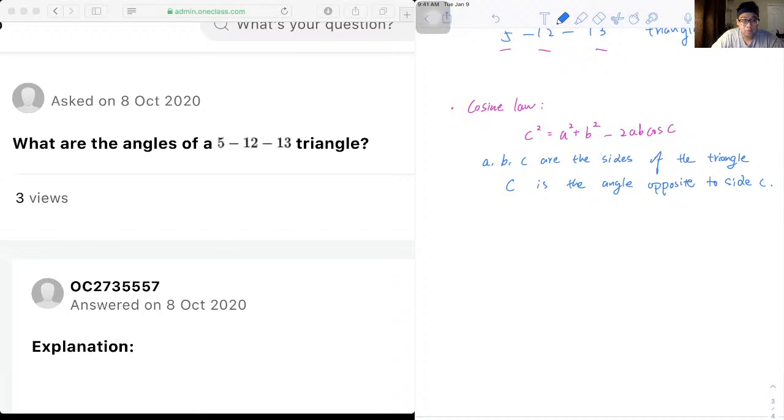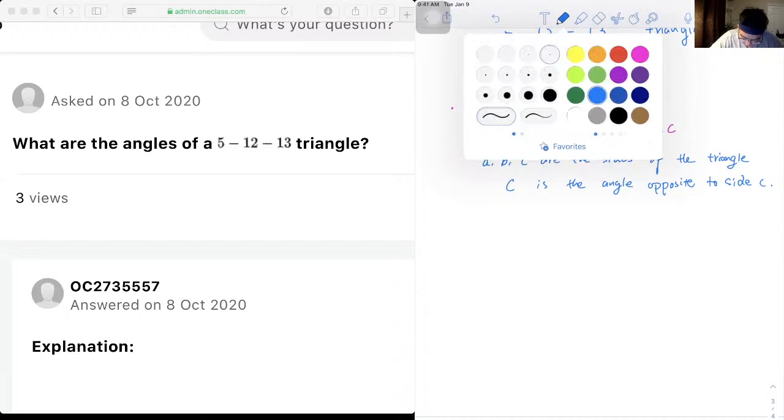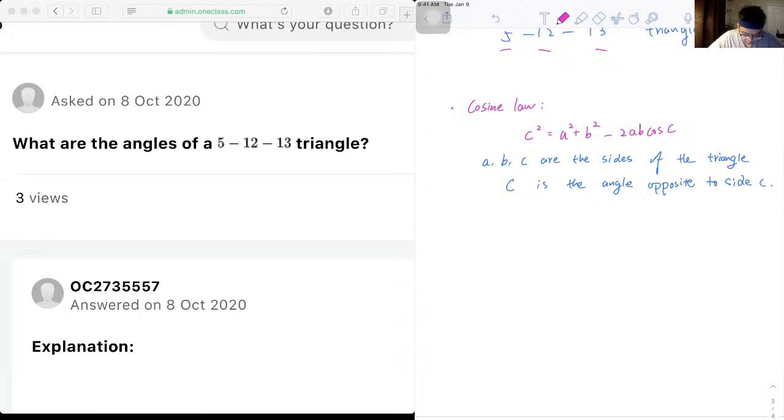All right, so now we can sketch the given triangle, right? Okay, so we have a triangle with sides 12, 13, and 5.